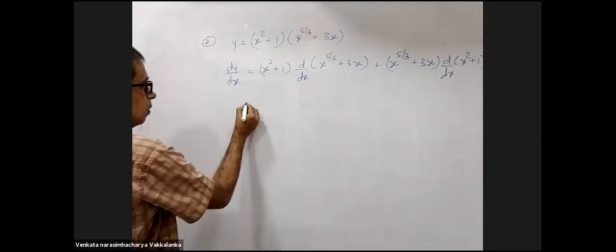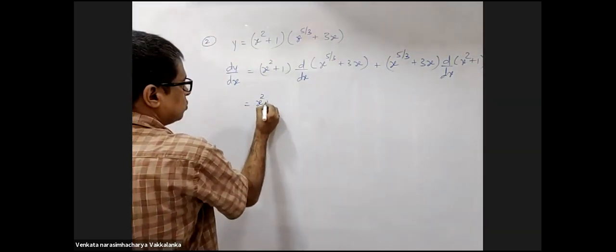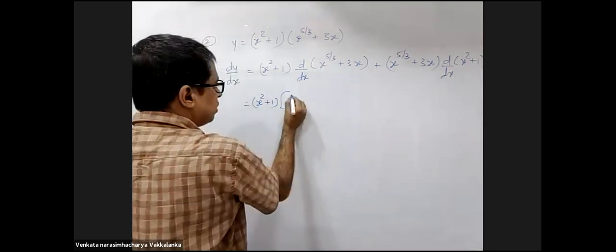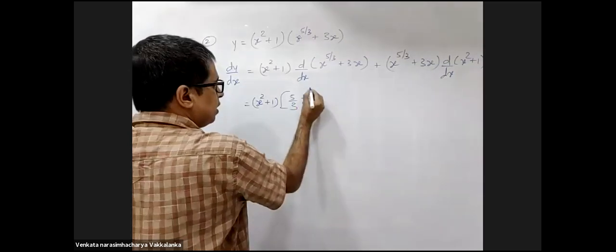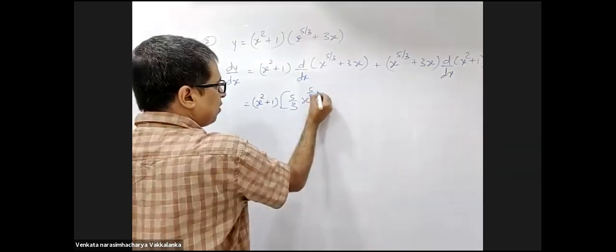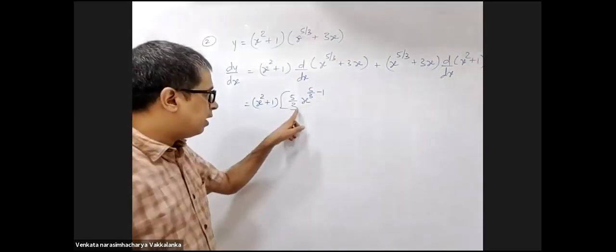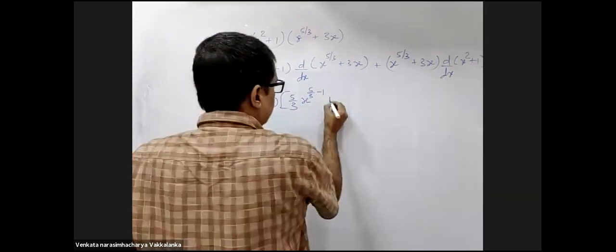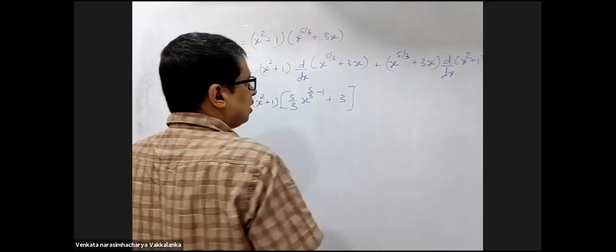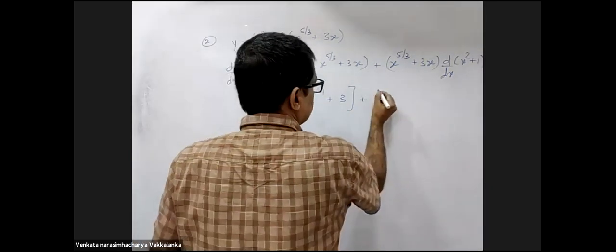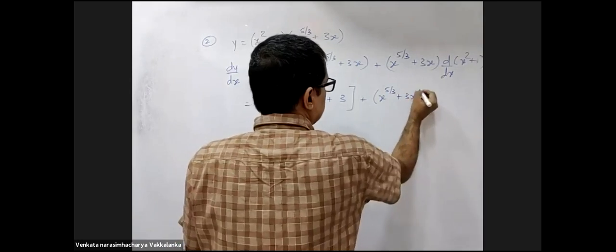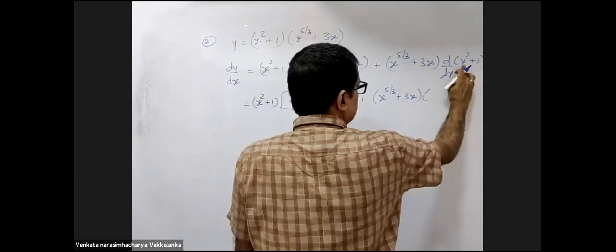The differentiation of x raised to 5 by 3 plus 3x is 5 by 3 x to the power 5 by 3 minus 1, using x to the power n minus 1, plus 3.